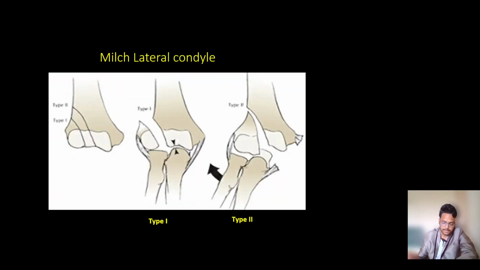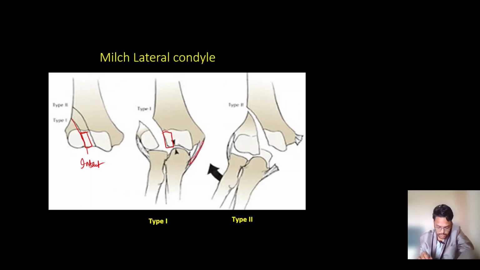Okay, so you can see in the image, first the fracture is going through the transtrochlear ridge, but the lateral trochlear ridge is intact. In type 1, the lateral trochlear ridge is intact, so there are no chances of dislocation.